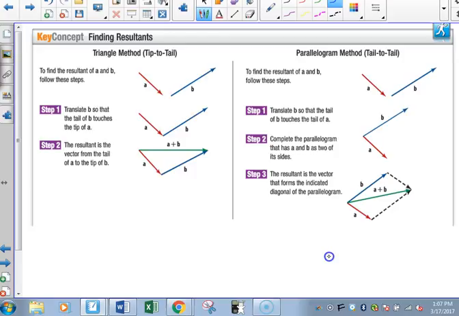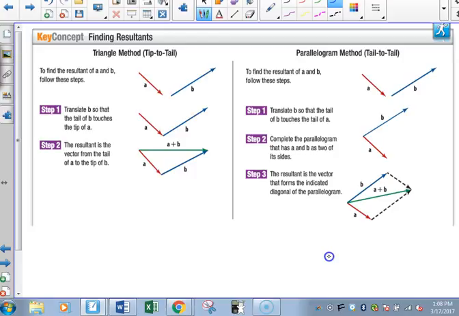The triangle method is called tip to tail, and you use law of sines and law of cosines. I think that's what you're taught in physics, okay? The parallelogram method is a little bit different. It's tail to tail. And I honestly generally use just the component forms.